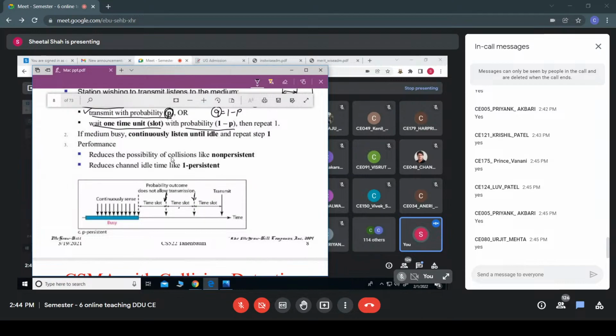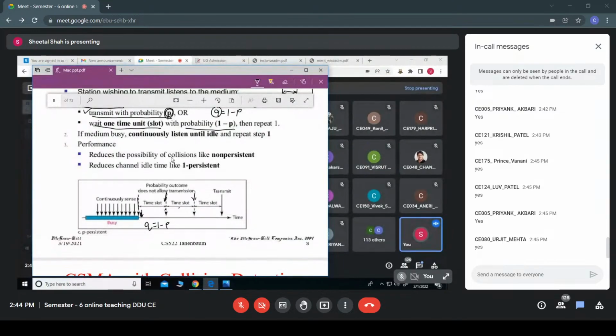Is this thing clear, everyone? In case of one persistent, as soon as the channel becomes free, both the stations would use this channel and start transmitting. Whereas in case of P-persistent CSMA, with the probability P, it may transmit, or it may wait for the next time slot with the probability Q. Q is equal to 1 minus P. And again, here also, when it comes, it would check whether the channel is free.